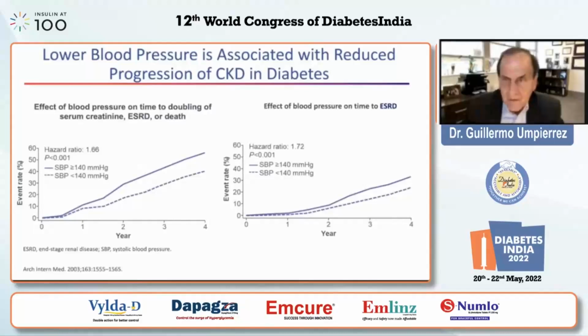Blood pressure control is quite effective in preventing progression of kidney disease. The American Diabetes Association says that for people who have very few cardiovascular risk factors, just keep the blood pressure less than 140 over 90. But if you have proteinuria, albuminuria, or cardiovascular risk factors, the blood pressure should be less than 130 over 80 millimeters of mercury.